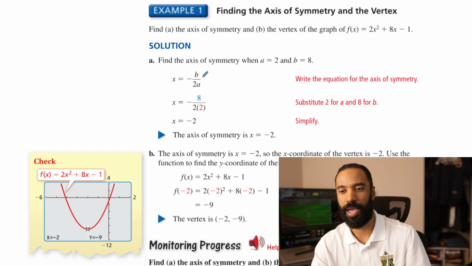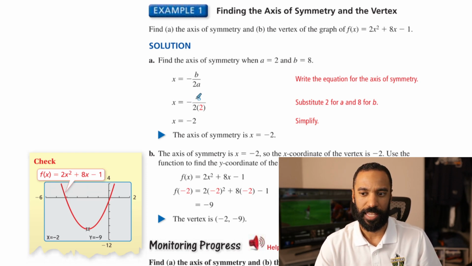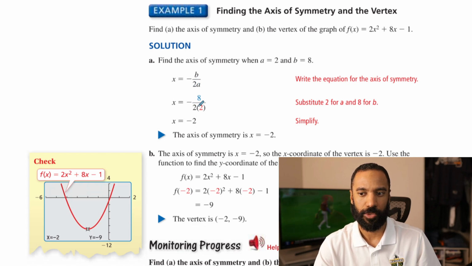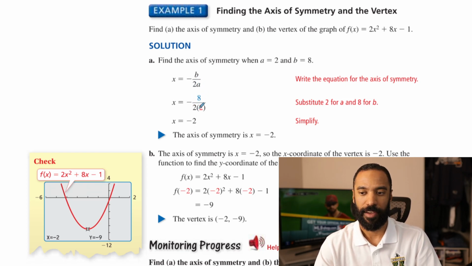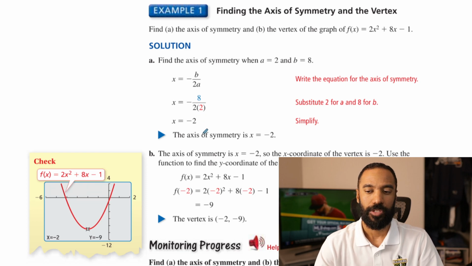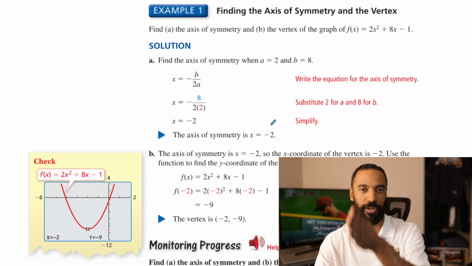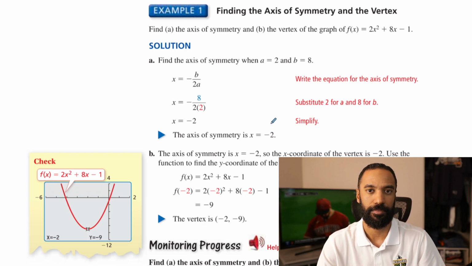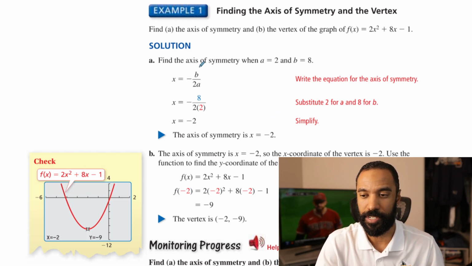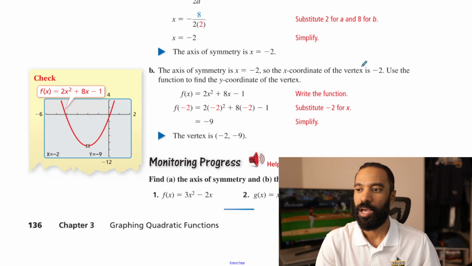For negative b over 2a, b is 8. We're going to take the opposite of 8. I tend to write it on top. So negative 8 over 2a, 2 times 2. Negative 8 divided by 4 is negative 2. So the axis of symmetry is the equation of the line x equals negative 2. It's a vertical line going down, x equals negative 2. That also means that's the x value of the vertex, and they ask you to find that next.